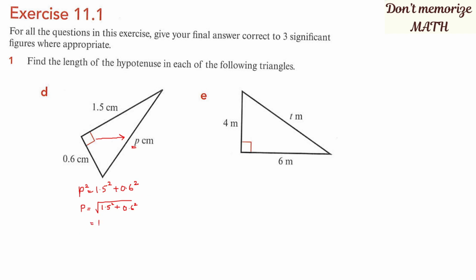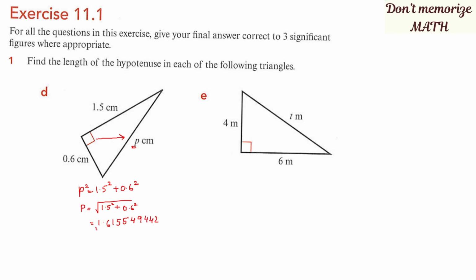I will write the complete answer here. If you have one more question, like a B part, for the same triangle, just write at least 5 or 6 digits here, and only then round and write in 3 significant figures. I will explain where necessary. So 1.615549442.